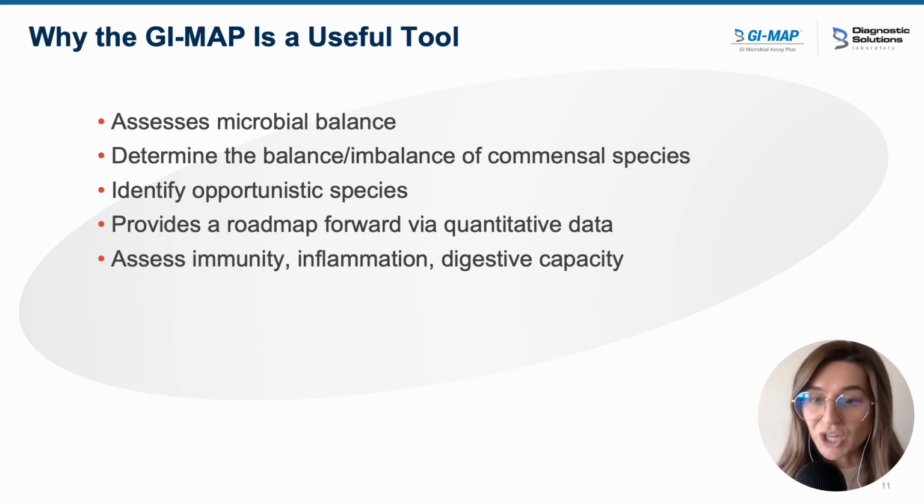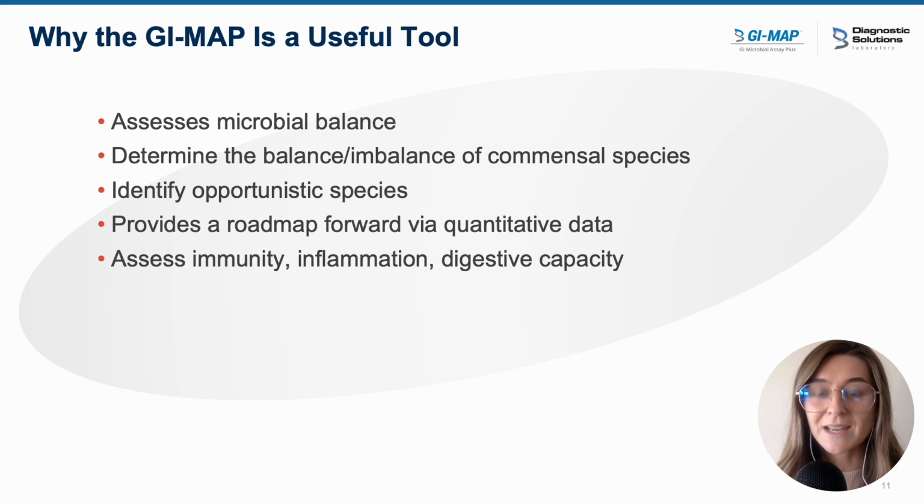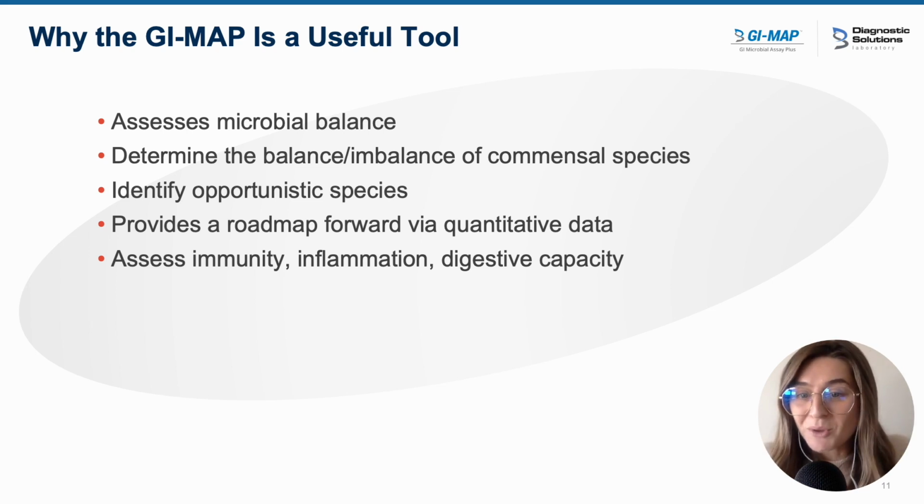That changes the conversation then, because we know that specific commensal species produce certain vitamins and produce certain neurotransmitters and a bunch of different postbiotics that influence the way that we feel and the symptoms that we experience. So the GI map provides us a roadmap forward of how to help an individual, because the conversation now starts to shift from saying your results are normal, there's nothing I can do to help you, to this species is not at an optimal level.